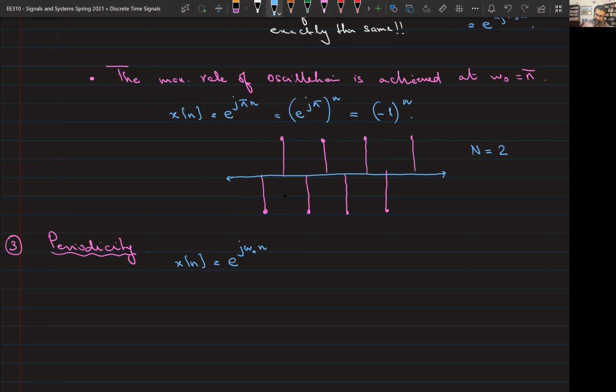So if you recall x of t being equal to e raised by j omega naught t, the fundamental period T was actually equal to 2 pi by omega naught. Can you do the same here? Is the fundamental period here equal to 2 pi by omega naught? Is that a valid statement or not a valid statement?